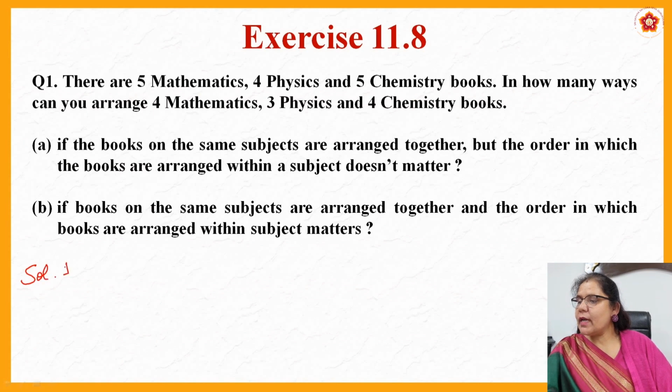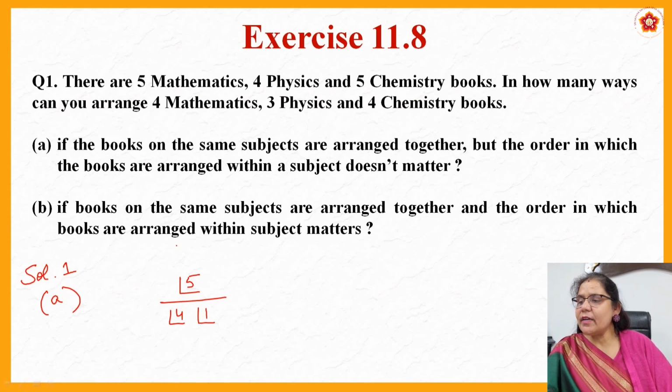So solution 1, and we are right now referring to part A. There are 5 mathematics books, and out of these 5 we have to arrange 4 mathematics books. That means out of these 5 we have to first choose 4. So this would be factorial 5 divided by factorial 4, since 5 minus 4 is 1.